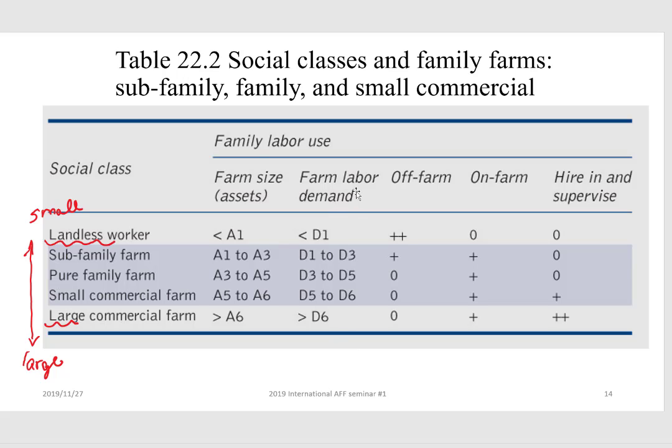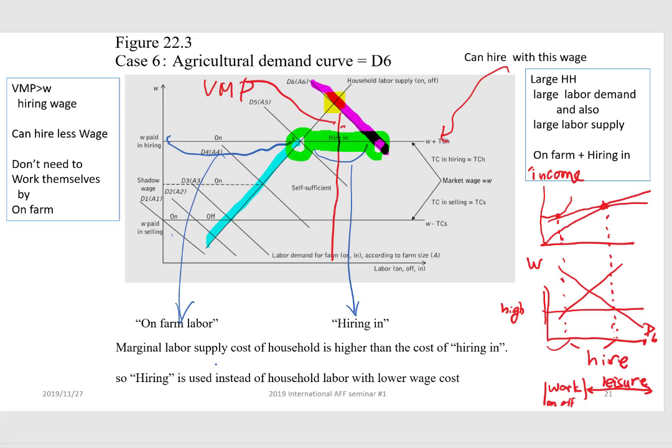As the farm size is bigger, we can assume farm labor demand is bigger. So this is the visual explanation. Holding this household labor supply the same, this is the derived demand for household labor.